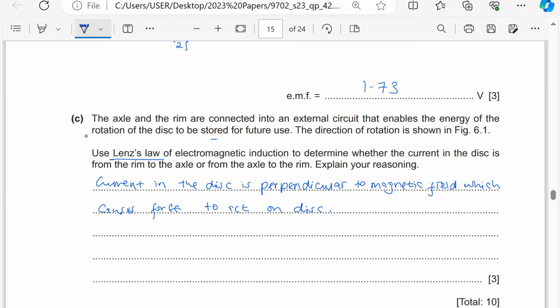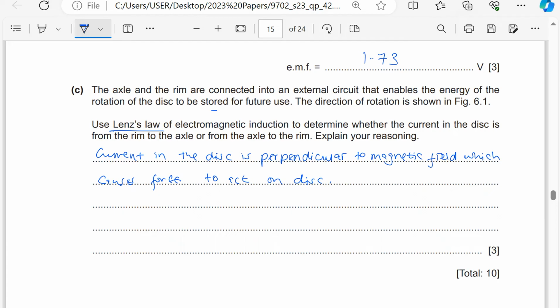But by Lenz's law, this force must oppose the rotation of the disk.